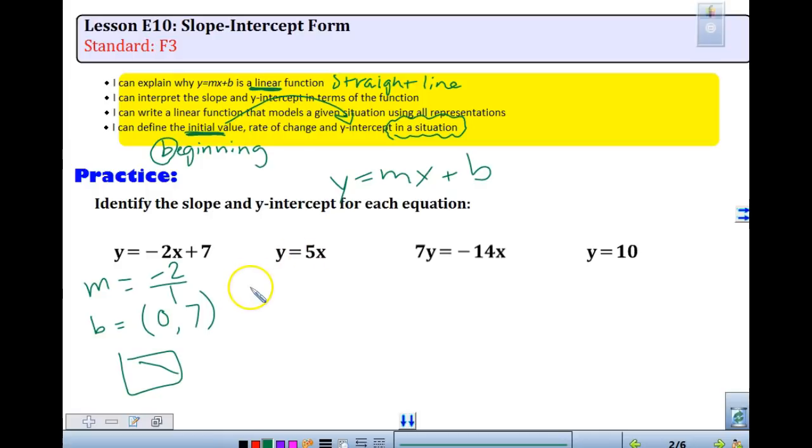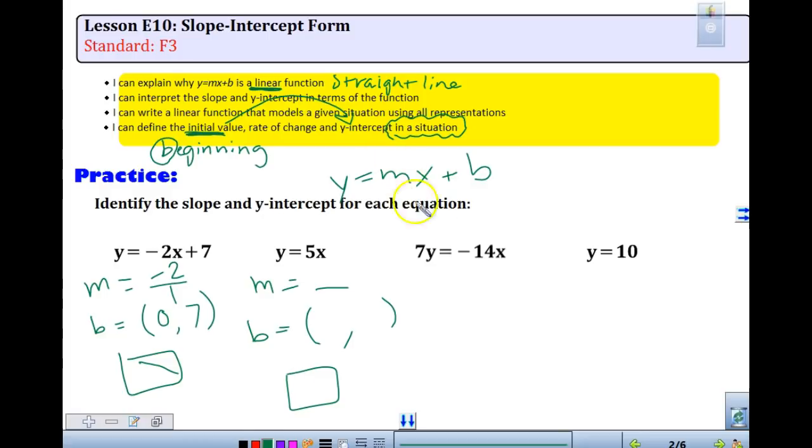So go ahead and do the other 3. Make sure you have m equals and then a ratio, b equals and a point, and you have that direction of your line. I'll come around and pick 3 of you to come and write your answers up on the board. So if you have one that you want to show, you can raise your hand.